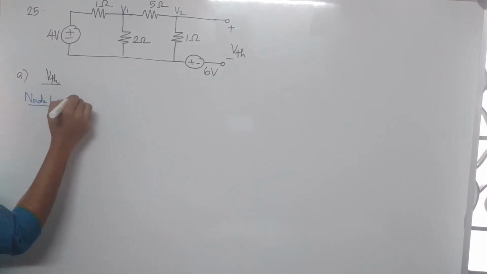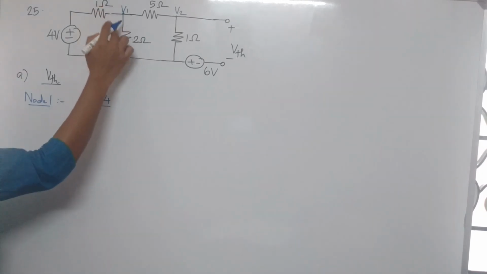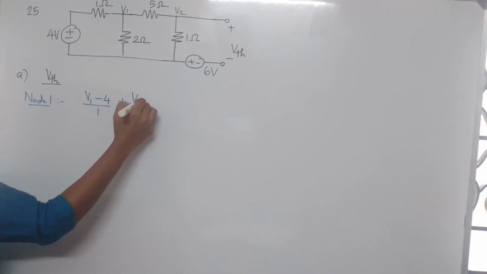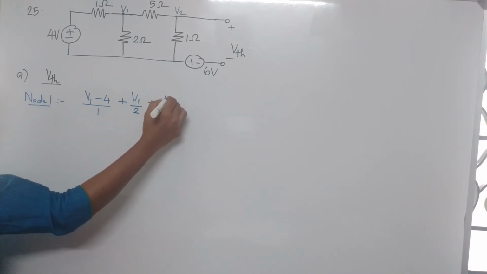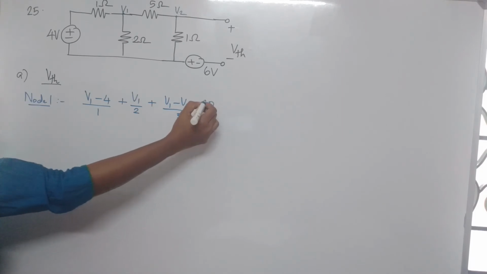Node 1: 3 branches connected, so (V1 minus 4) by 1 plus V1 by 2 plus (V1 minus V2) by 5 equal to 0.